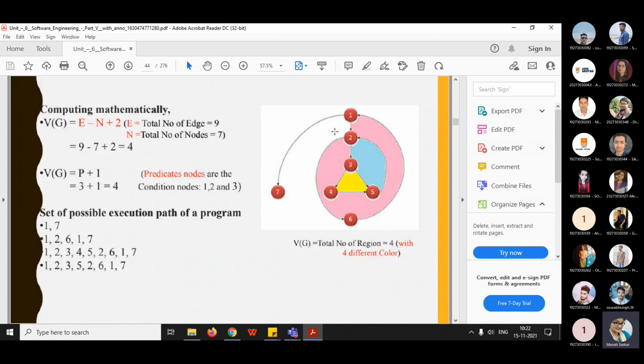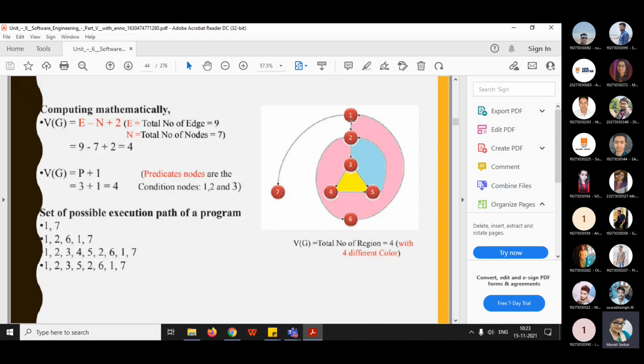It is connected with 3 edges, but among these only 2 are outgoing, whereas the third one is the incoming edge, that is 6 to 1. So the total number of outgoing edges is 2. Whenever a node has more than 1 outgoing edge, you can consider it a predicate node.